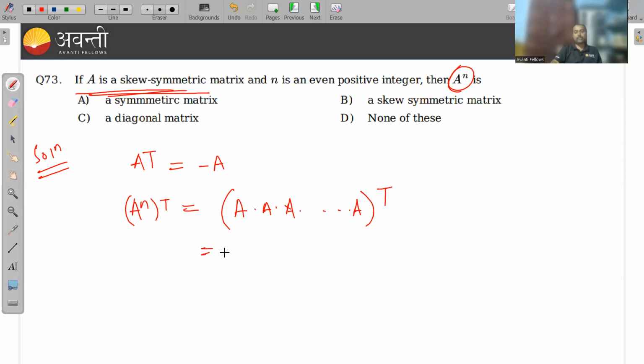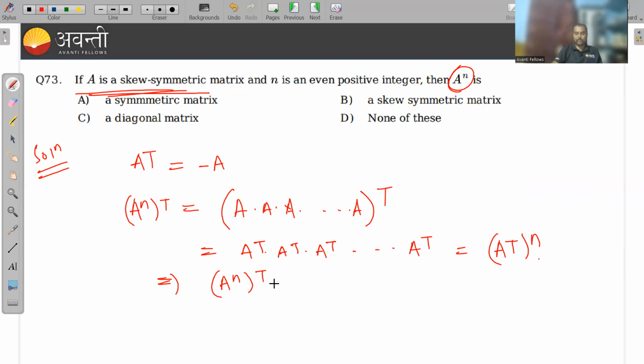It can also be written as A transpose into A transpose into A transpose and so on into A transpose. So this is actually A transpose to the power n.